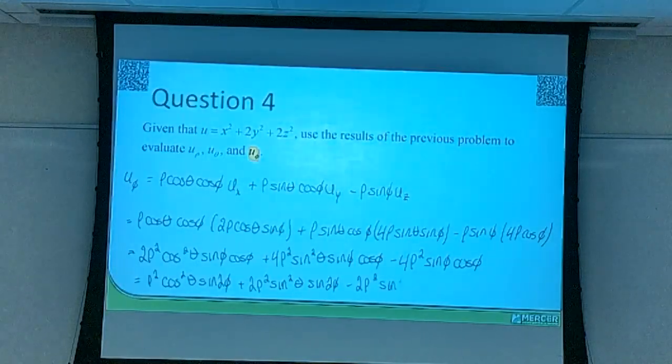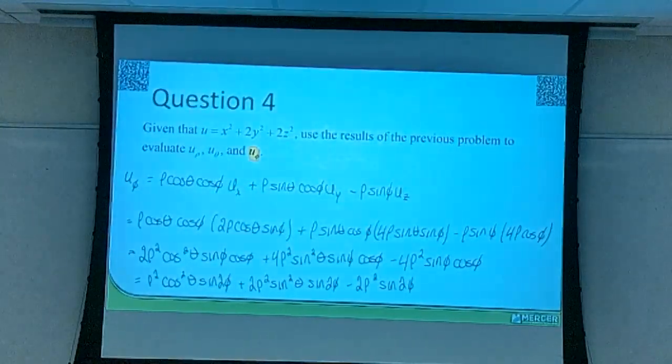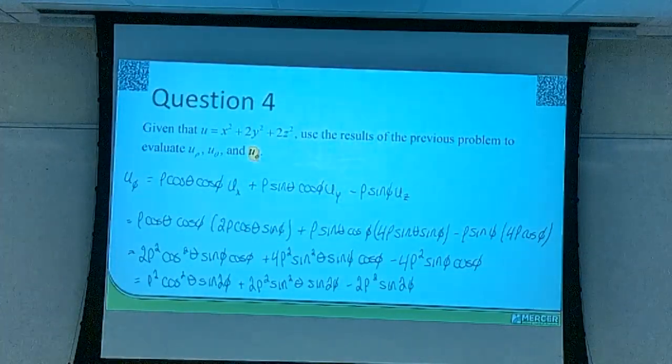Double angle for sine. There's a rho squared sine 2 phi common. Left with what?